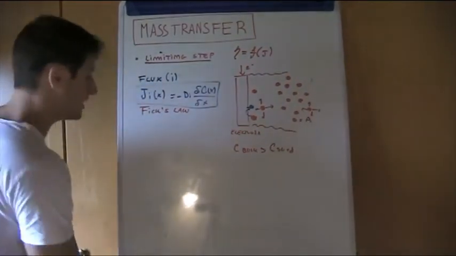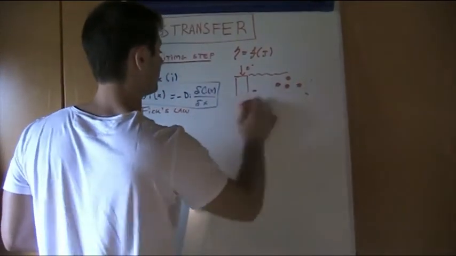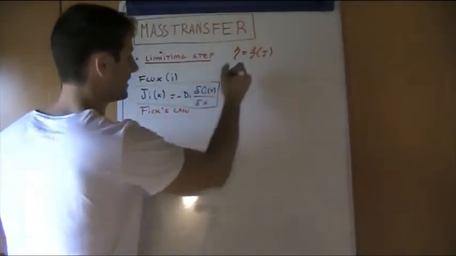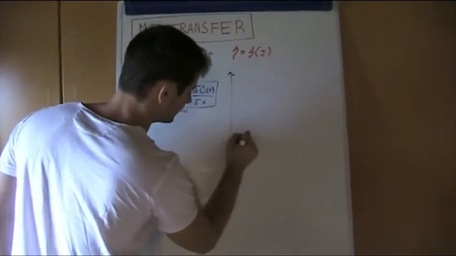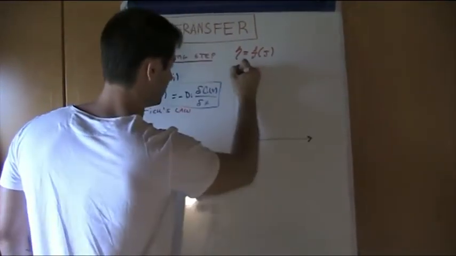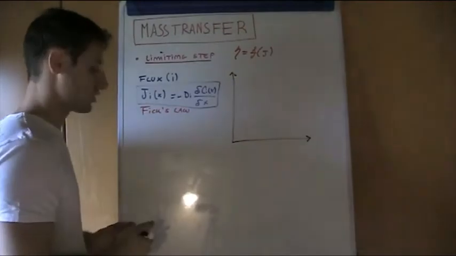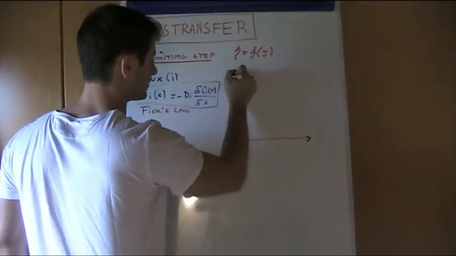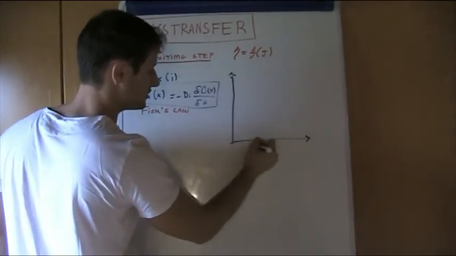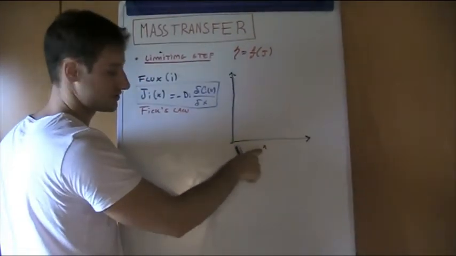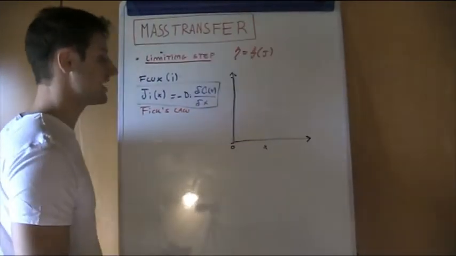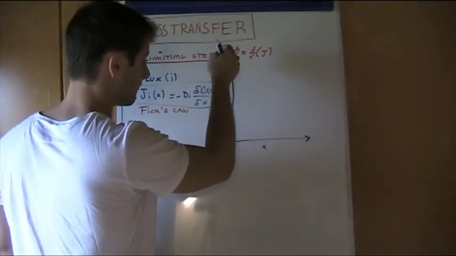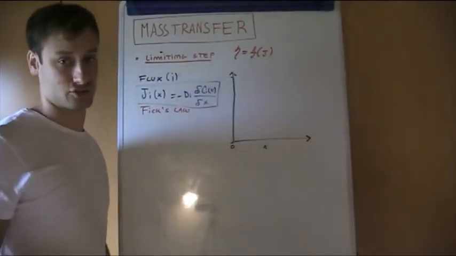So knowing this, I have also introduced the fact that the concentration profile of our chemicals toward the surface of the electrode is decreasing. So if this is the distance from the electrode, for instance, and this is 0, it means that we are looking at a situation in which we are basically at the electrode surface.